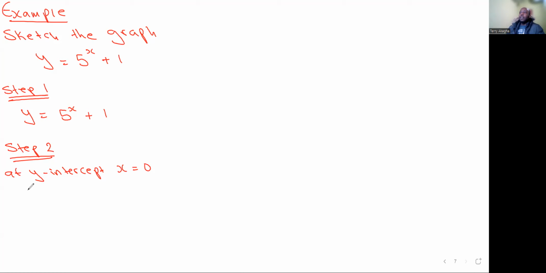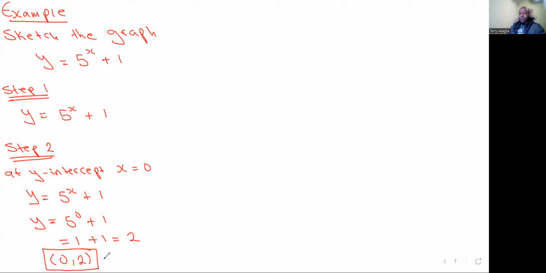So y is equal to 5 raised to the power 0 plus 1. And 5 raised to the power 0 is equal to 1. So 1 plus 1 will give you 2. So when x is 0, y is 2. So we found the y-intercept.